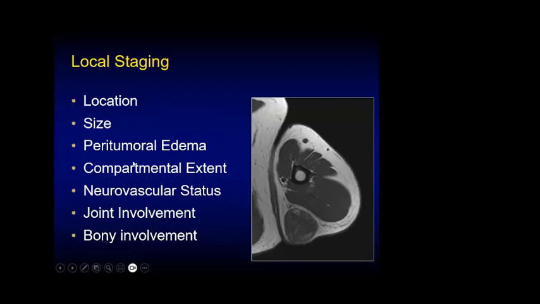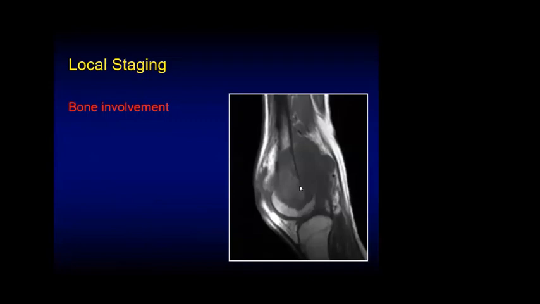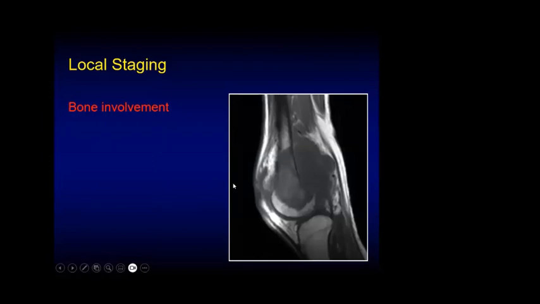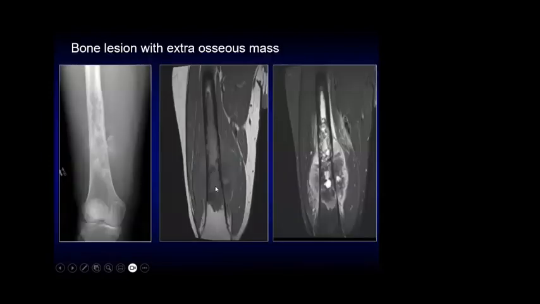So here, for example, we have a patient with soft tissue involvement. This may need salvage surgery because the tumor is very extended. We also need to distinguish between two kinds of situations involving the bone. In this patient, for example, it's a tumor in the bone extending into the soft tissue because of this large extraosseous mass.